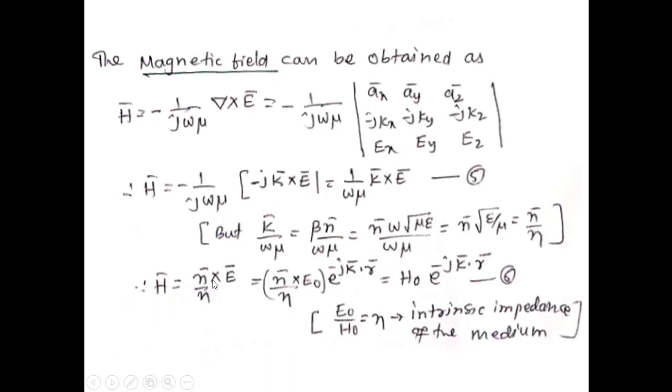Therefore, H bar is equal to n bar by eta cross E bar. Substituting the E bar value, we get n bar divided by eta cross E naught e raised to minus j k bar dot r bar, which is equal to H naught e raised to minus j k bar dot r bar, equation number 6, where eta is equal to E naught by H naught, the intrinsic impedance of the medium.